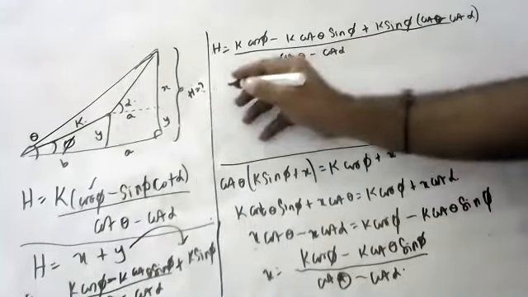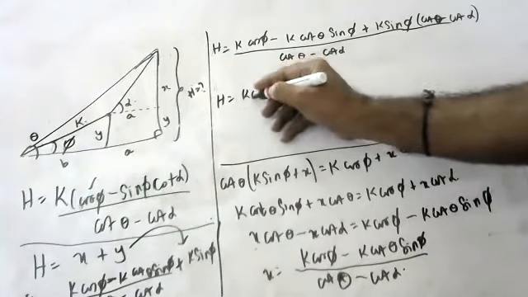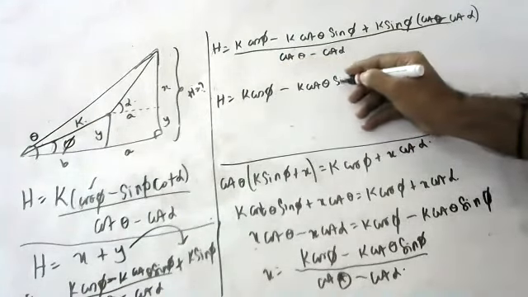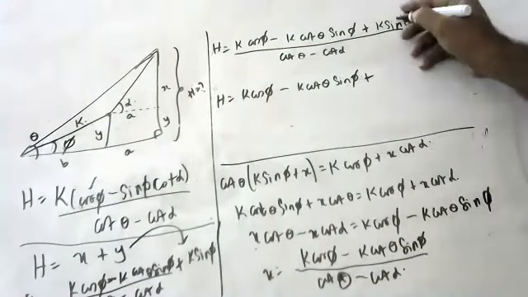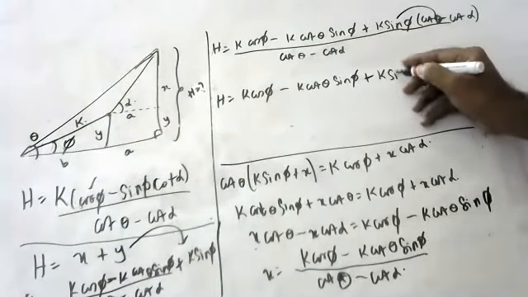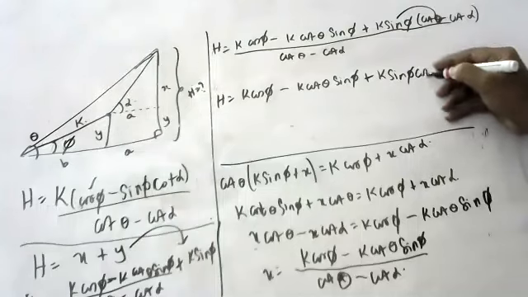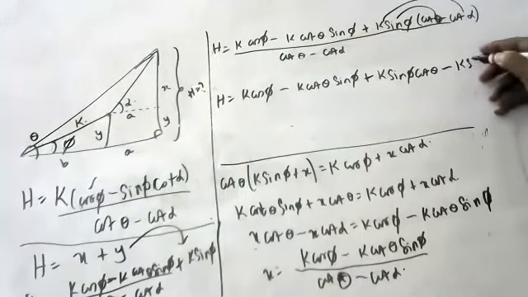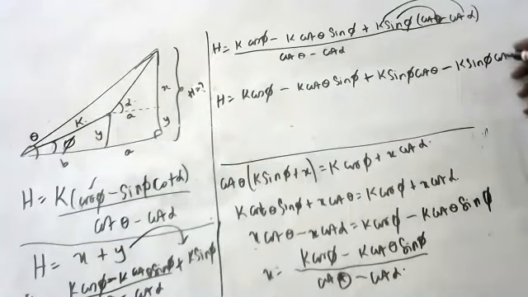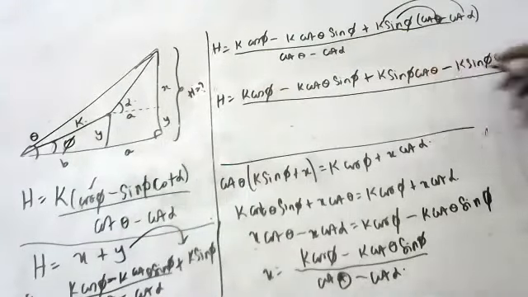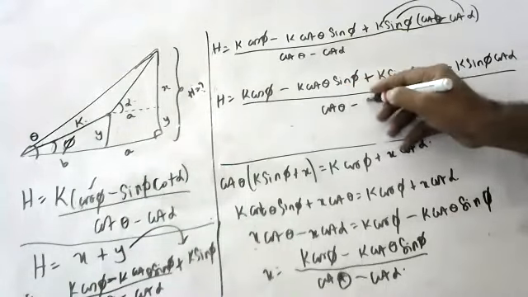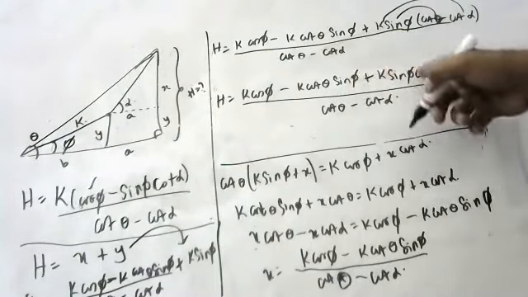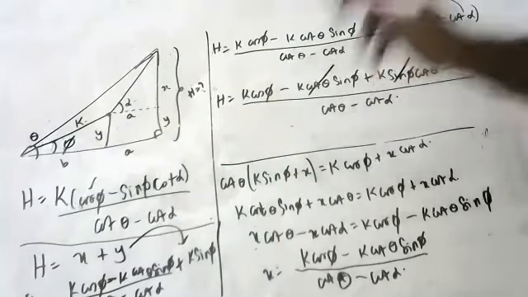So h is equal to k cos phi minus k cot theta sine phi, plus this into this: k sine phi cot theta minus k sine phi cot alpha. Anything gets cancelled, children? Yes, sir, k cot theta sine phi cancels.